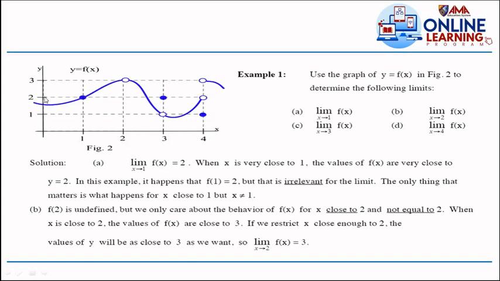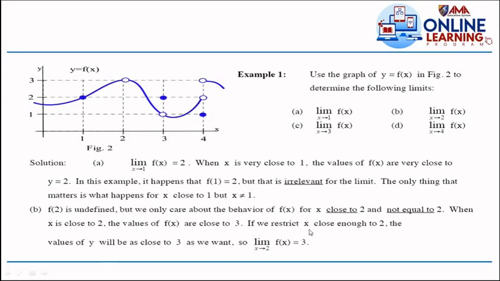Okay? So next, number 2, the limit of the function of x as x approaches 2, f of 2 is undefined, but we only care about the behavior of the function of x for x close to 2 and not equal to 2. When x is close to 2, the values of the function of x are close to 3.